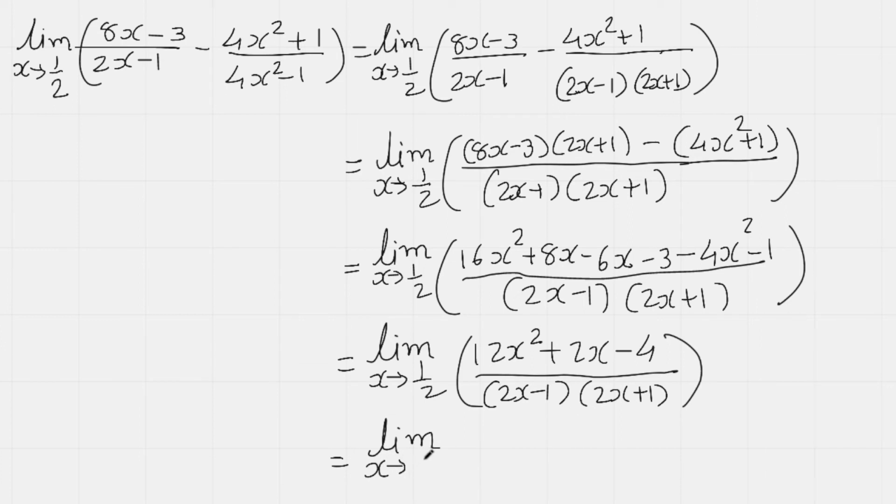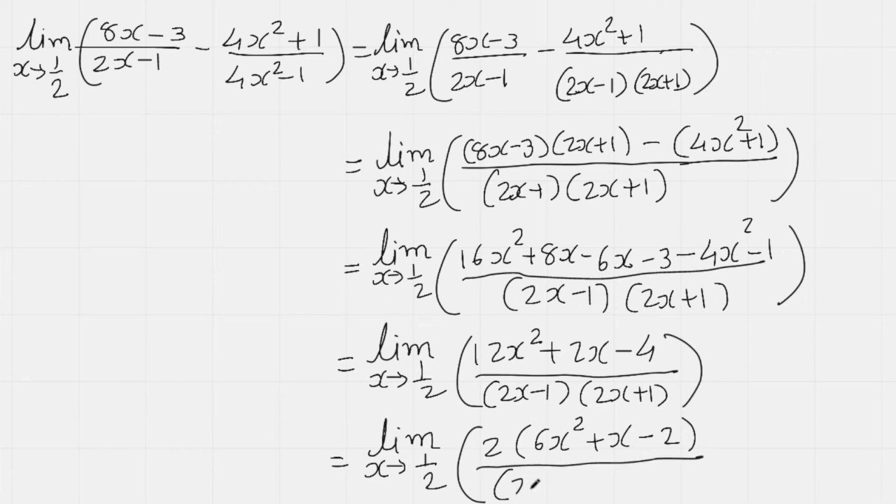So this is x approaches 1 over 2. And we can factor out 2 from all the three terms in the numerator. So this is 2 into 6x square plus x minus 2, whole divided by 2x minus 1 into 2x plus 1.